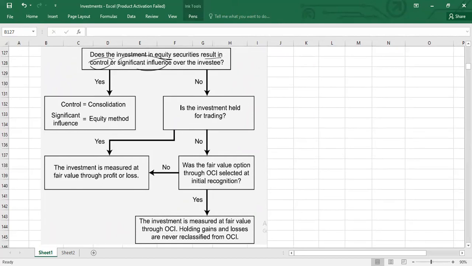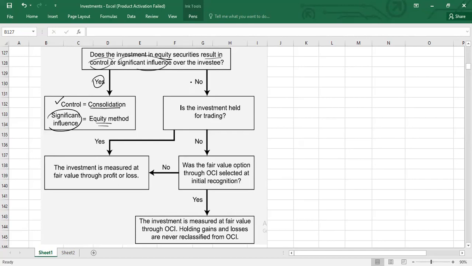Do you have control or significant influence? If yes, in case of control, consolidation will be applicable. In case of significant influence, you will use only the equity method. You don't have any fair value option if you have significant influence under IFRS.